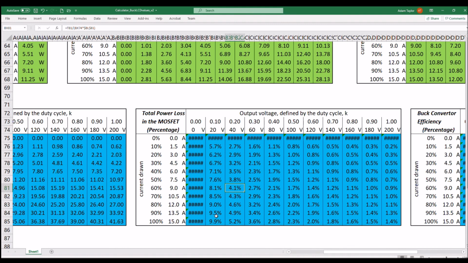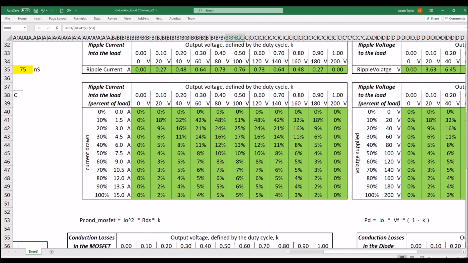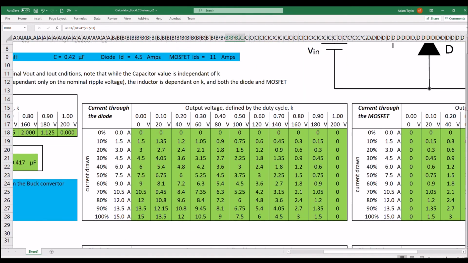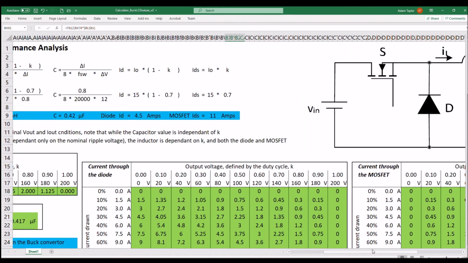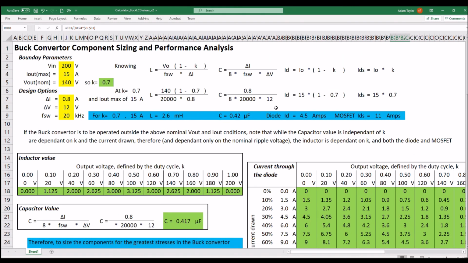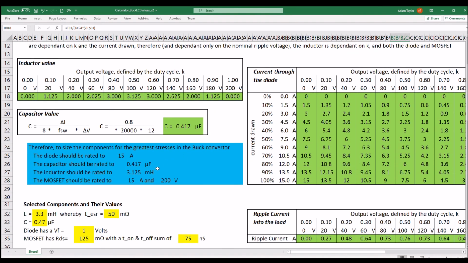I hope you understand what we've been doing here, and you've got something out of this. As I said, those are your main equations up the top here that you need to understand. And then down here is how you specify your MOSFET devices. And then you've just got to take those off to your various suppliers and your data sheets, and go and pick a device that will meet your criteria.